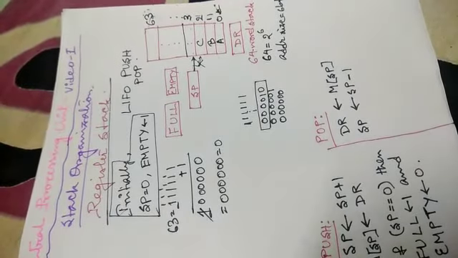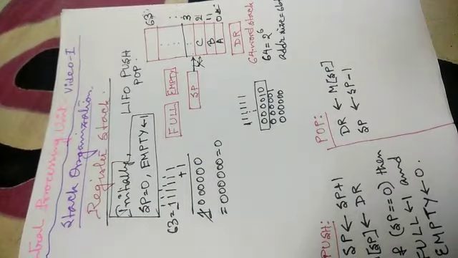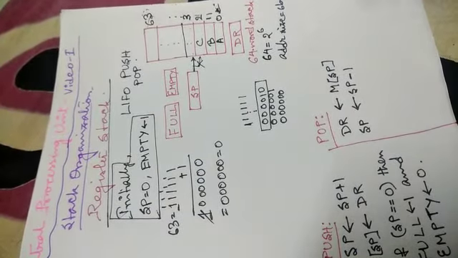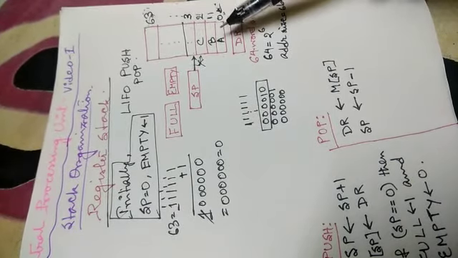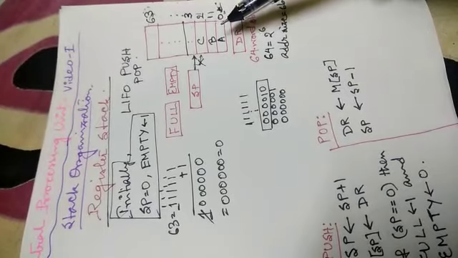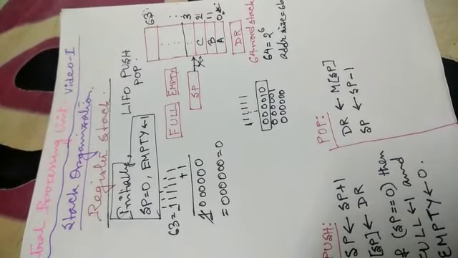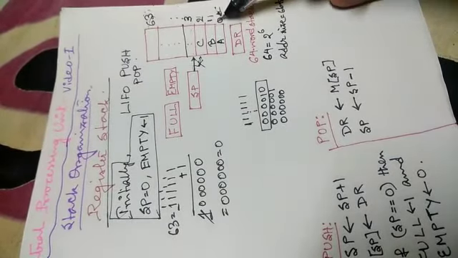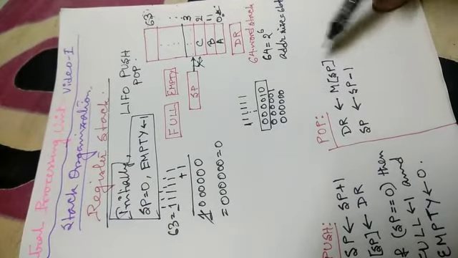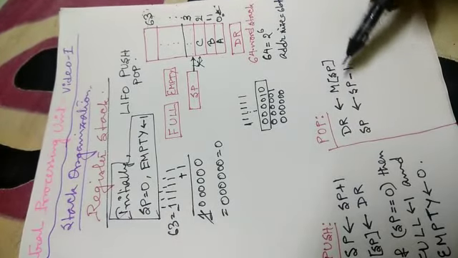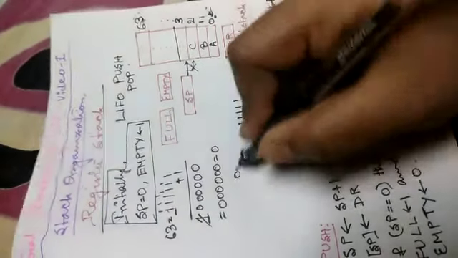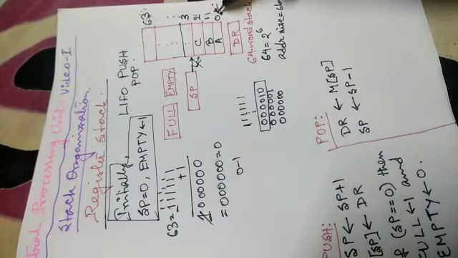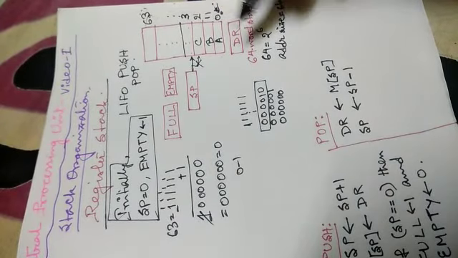Now we have to check the underflow condition, that is whether the stack is empty or not. How? In this example, 0 is the lowest address from where the data can be popped last, right? So after popping from 0, if the stack pointer is decremented by 1, that means 0 minus 1. 0 is the lowest address from where we have popped data.